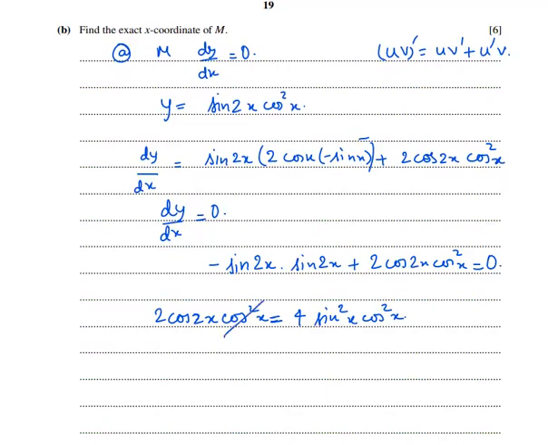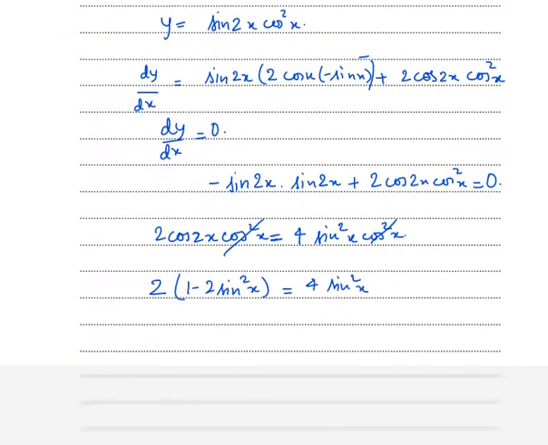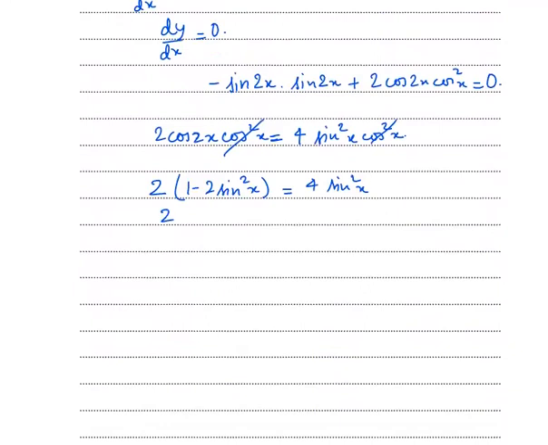I can cancel cos square x on both sides. Now 2 cos 2x, with cos 2x in terms of sine being 1 minus 2 sine square x, equals 4 sine square x. If I open this, I'll get 2 minus 4 sine square x equals 4 sine square x.